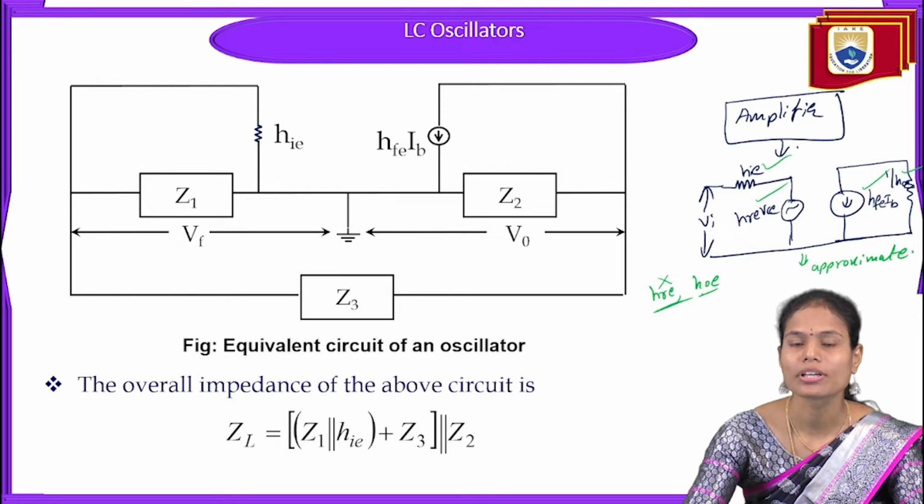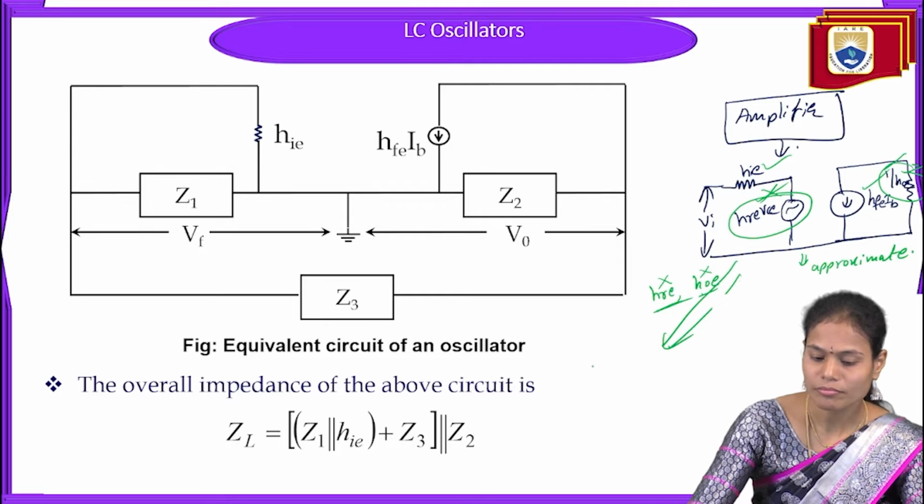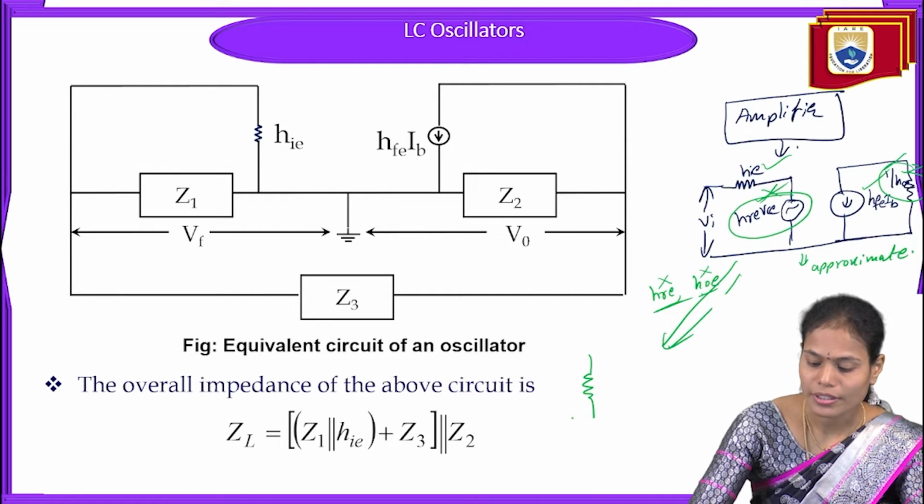Similarly, if we compare the output admittance, this value is very small compared to the output impedance provided from the circuit. So that's why we are neglecting hoe also. After neglecting this hre Vce as well as this 1 by hoe, we will get only hie and hfe into Ib.